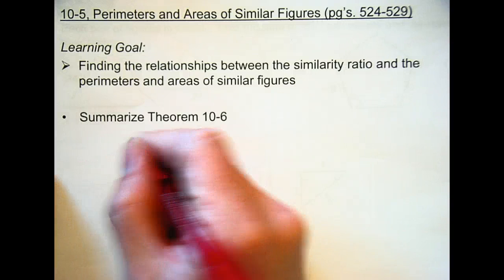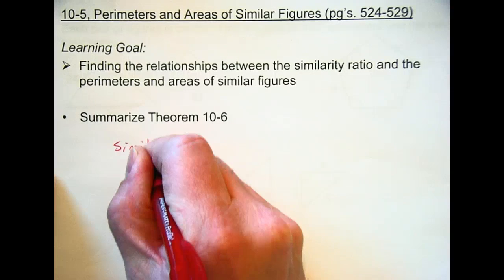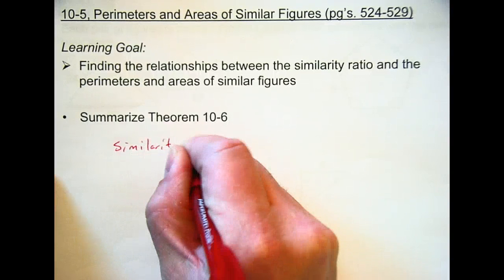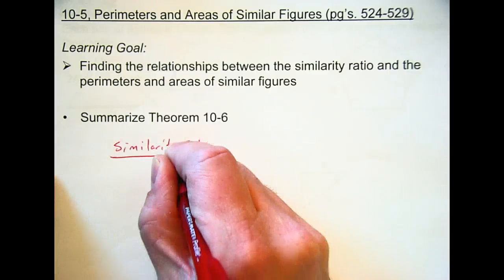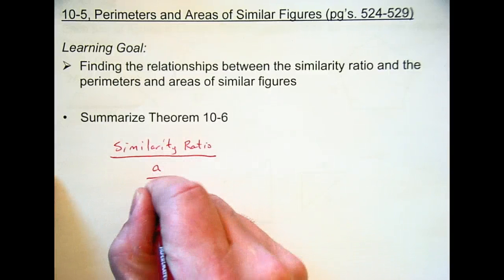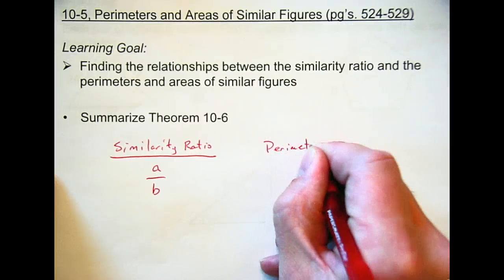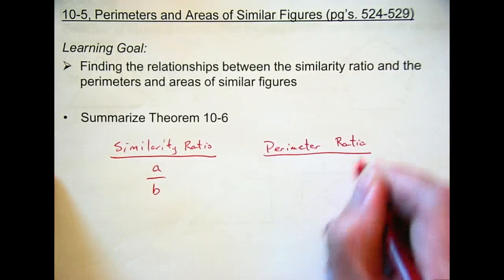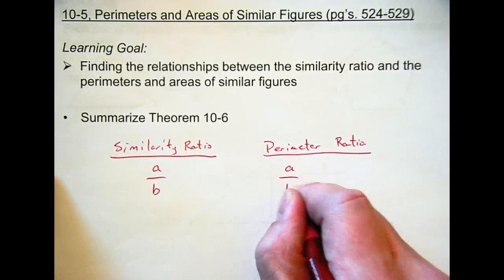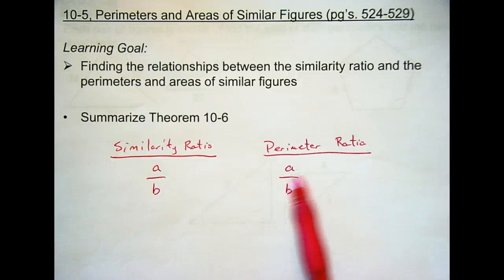Good, so if we have a similarity ratio, we're going to think of this in a couple different ways. If the similarity ratio is A to B, then the perimeter ratio is also A to B. So similarity ratio and perimeter ratio are the same thing because you're measuring in linear measurement, to the first power.